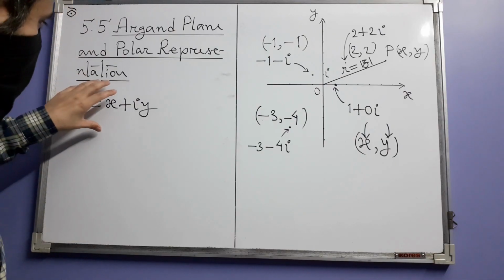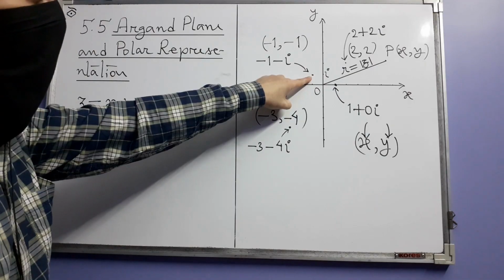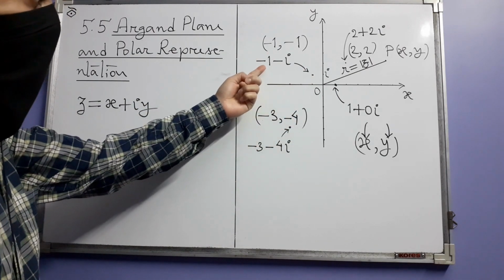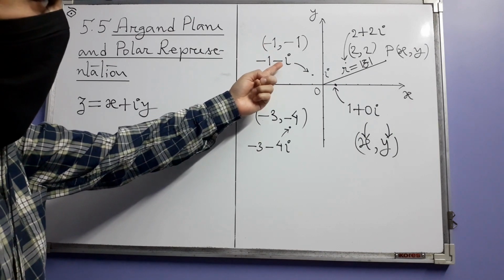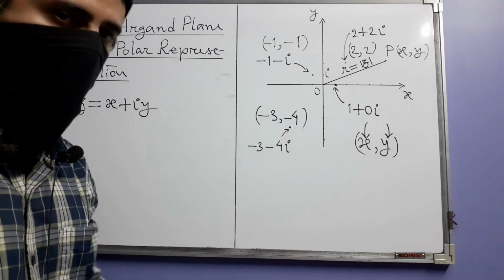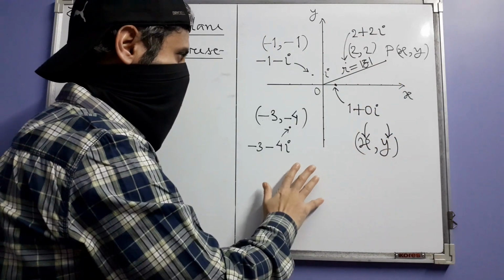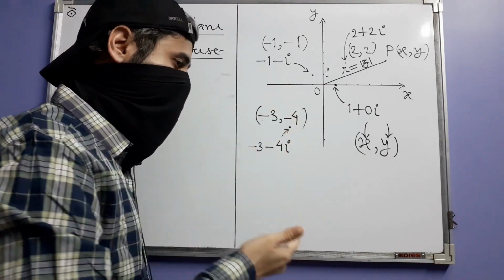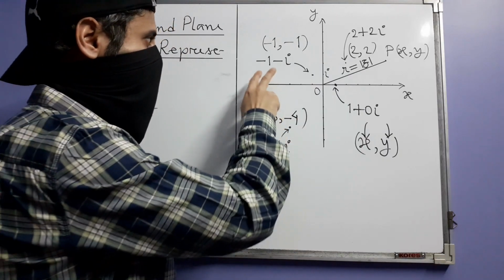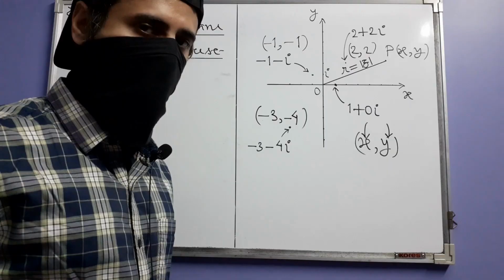So if we combine this with this, then we can associate with each point in the plane a complex number whose real part will be the x coordinate and imaginary part will be the y coordinate. And when we do that, each point in the plane gets a complex number name, or from another point of view, each complex number gets a place in the plane.